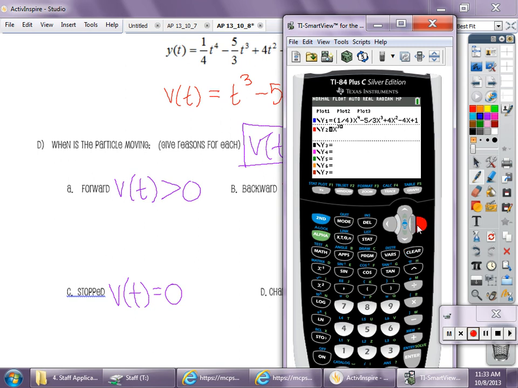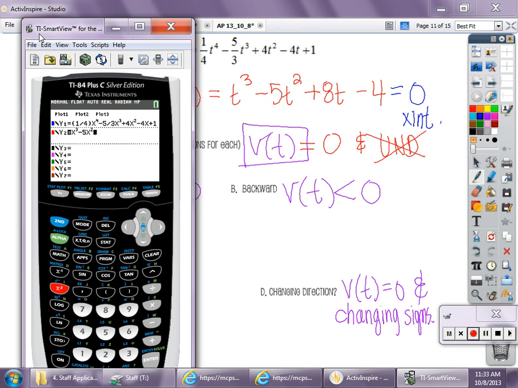X cubed minus 5t squared plus 8t minus 4. And then if you have no idea what the graph looks like, you can zoom 6 to start. You should be able to see it, hopefully, if I did it right.